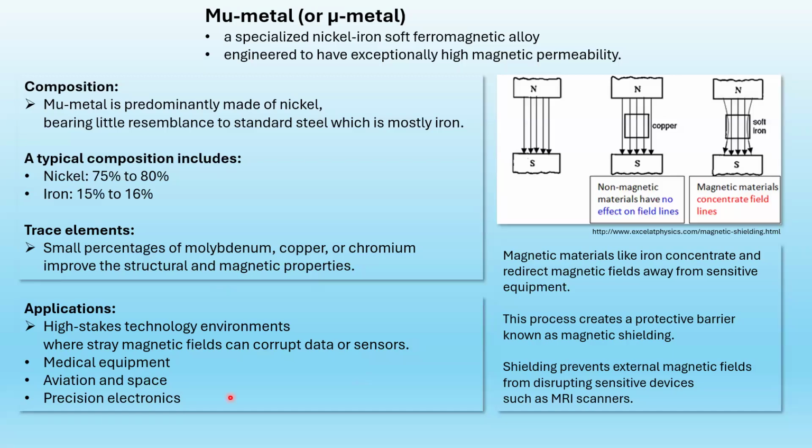We also use, when we had the in-person class earlier this week, we talked about transformers. With the transformers, we want them to concentrate the core, the ferric core. Ferric comes from ferrum, which is iron.